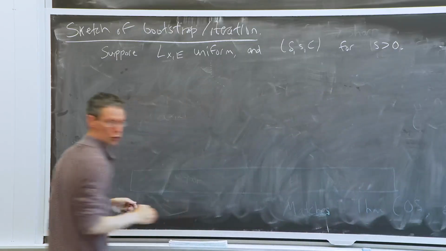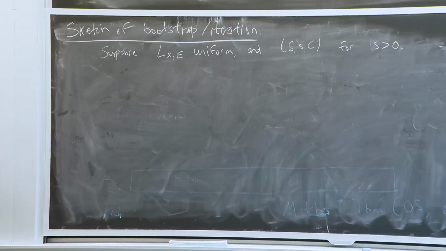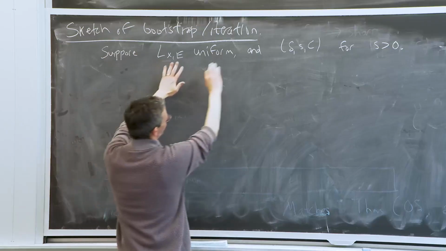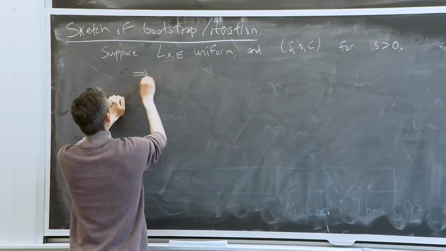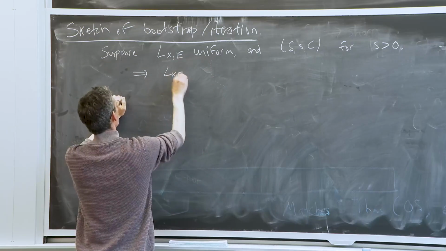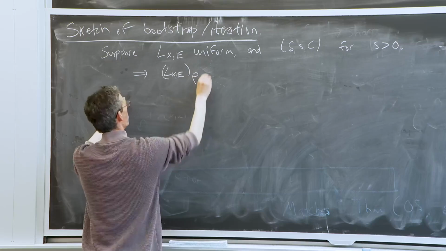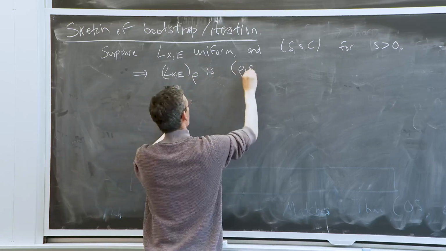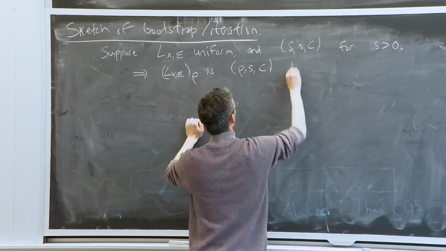It's the start of our bootstrap. Because it's uniform and it's a delta SC set, it follows that if you take its rho neighborhood, then this is a rho SC set for every rho.